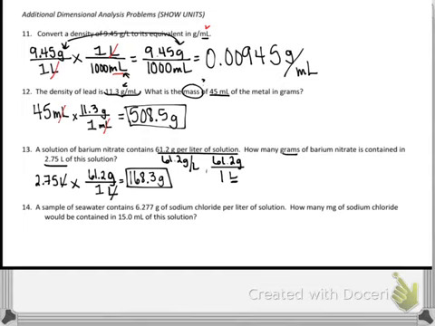Our given in this case is 15 milliliters of the solution, and this 6.277 per liter, we have to know that that information will help us get somewhere. So you're going to write down 6.277 grams, again, per liter, or remember, this means that this is in the numerator and this is the denominator.